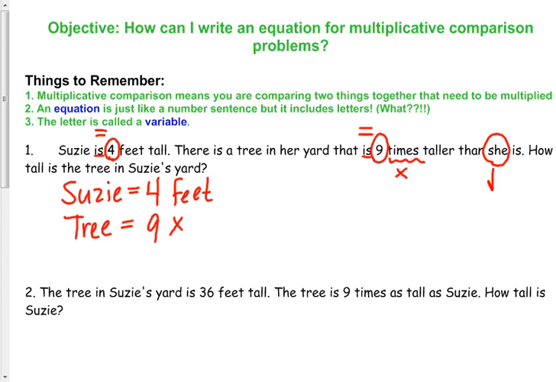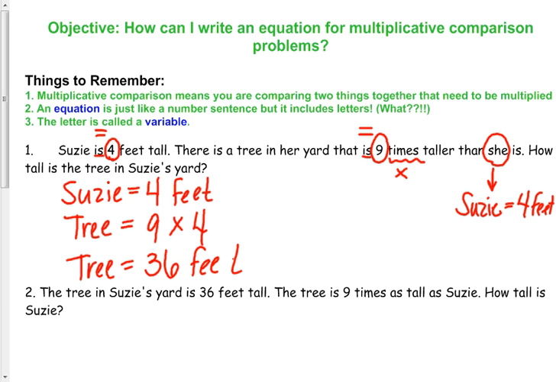Well, this she is Susie, and we know that Susie is 4 feet tall. So that means we are multiplying 9 times 4 to get the height of the tree. So what's 9 times 4? Tree equals 36 feet tall. There you go. Answered our problem.